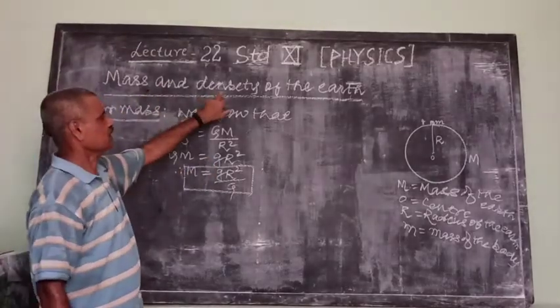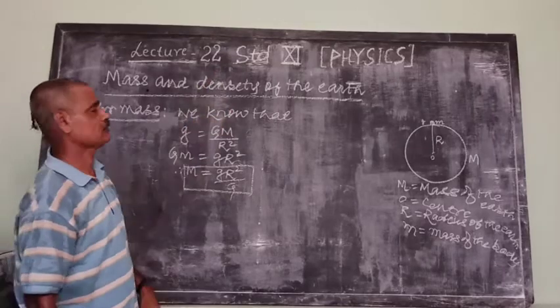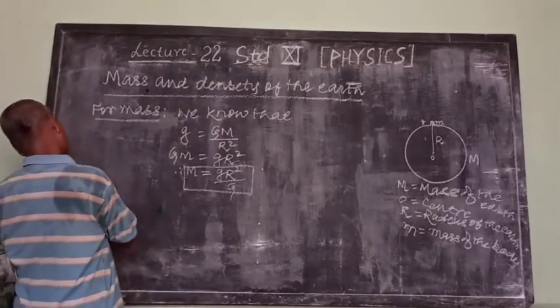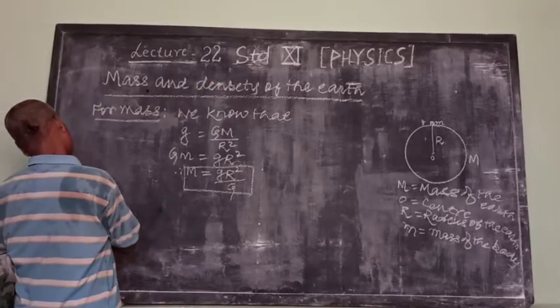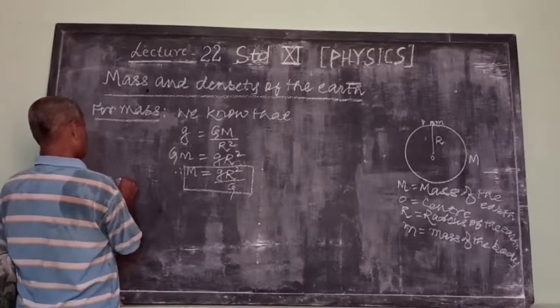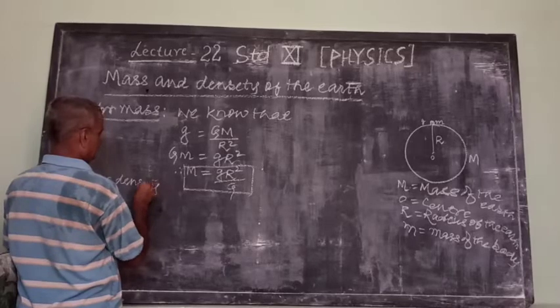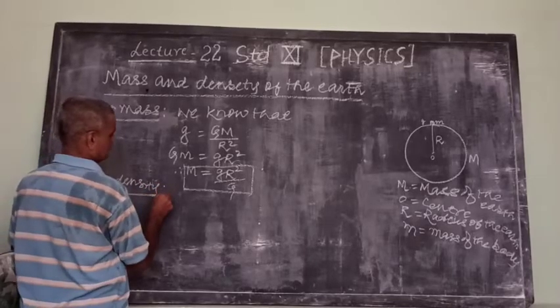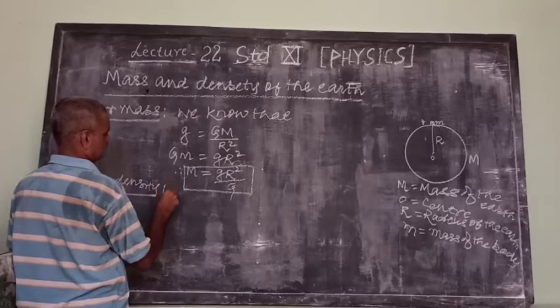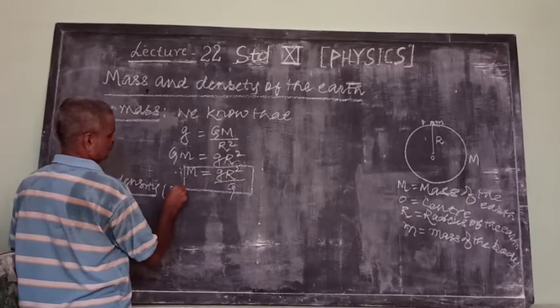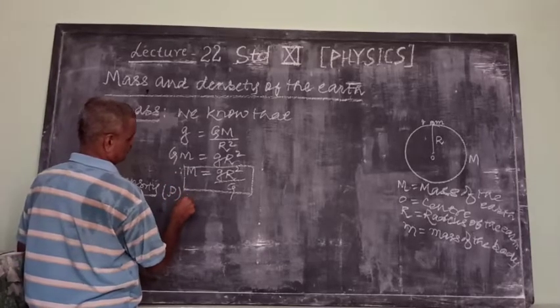And the second item, that is density of the Earth. For density, just I am writing. It is denoted by rho.